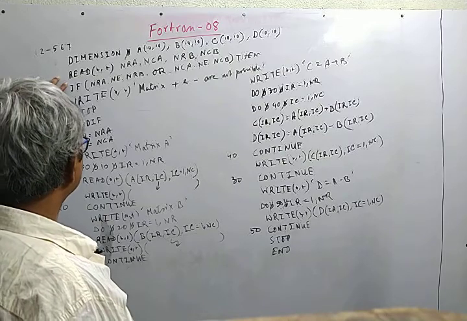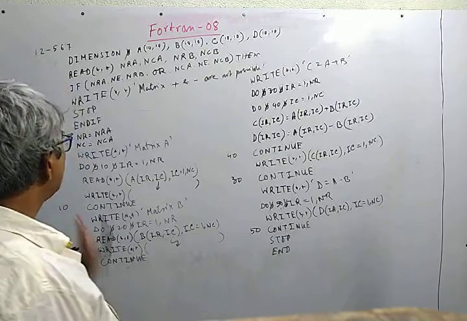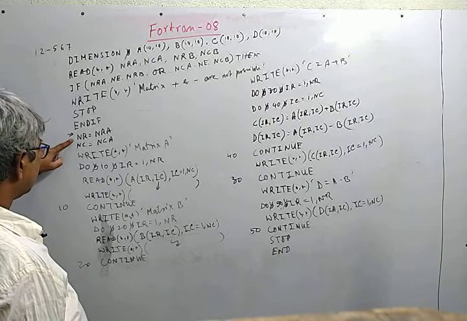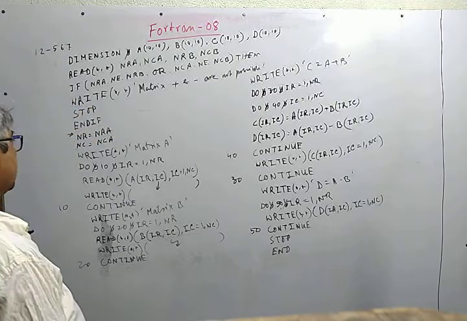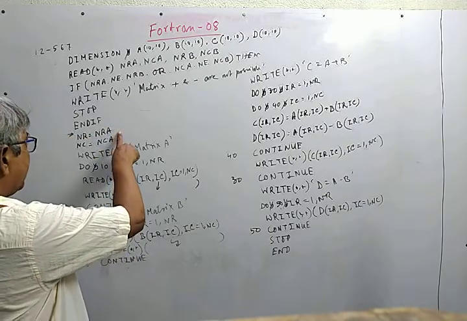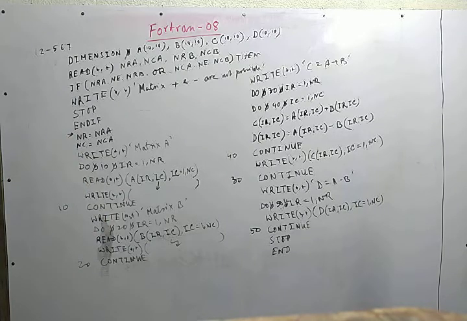If the matrix addition is possible, the program after this comes to this line, and we no longer want to carry on with NRA etc. A and B are not required because they have to be the same. NRA has to be equal to NRB, so we define NR, number of rows, and number of columns.